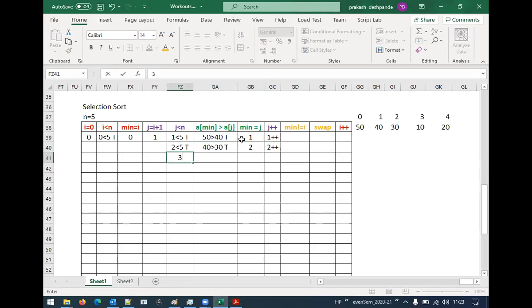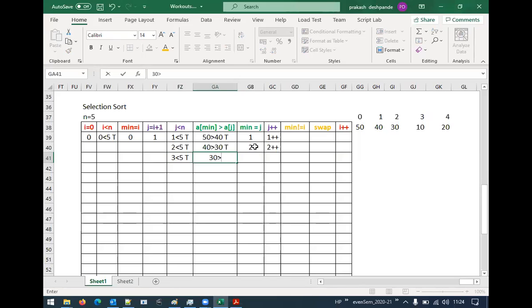Again, for the next time, j becomes 3. 3 less than 5. Condition is true. Then again the condition next. Now, A of min. What is the min value? The min value is 2. A of 2 is 30. Is this 30 greater than A of j?